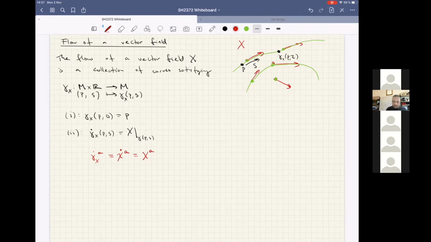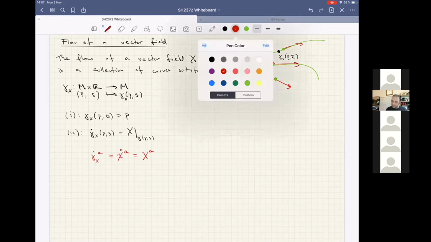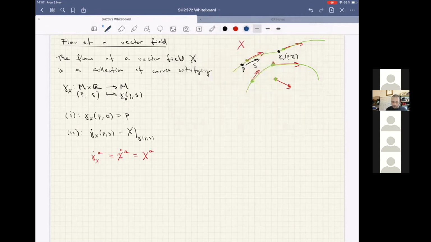So let's take an example here. I think it fits in this box essentially. Let's take the following vector field. We can let X be the vector field x dy minus y dx in Euclidean space.